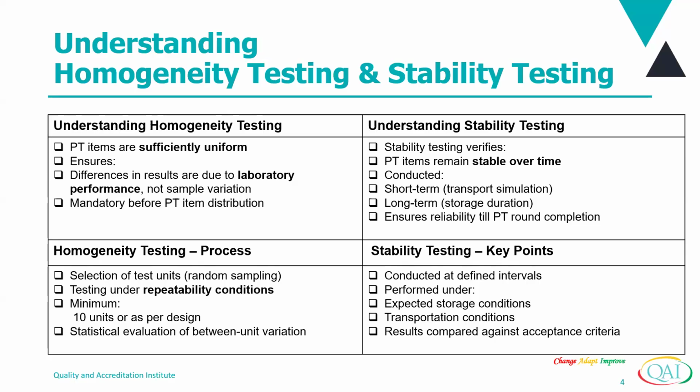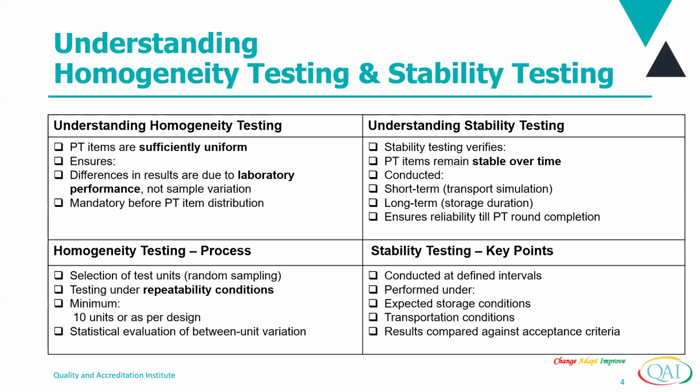In addition to this is the assigned value. Suppose our homogeneity is okay, and the next step, I'm sharing a little bit of the requirement of the assigned value as well. If your homogeneity is okay, you receive the results from the participants, and then you have to apply one of the approaches from the stats, which could be Algorithm A as per the ISO 13528 international standard.